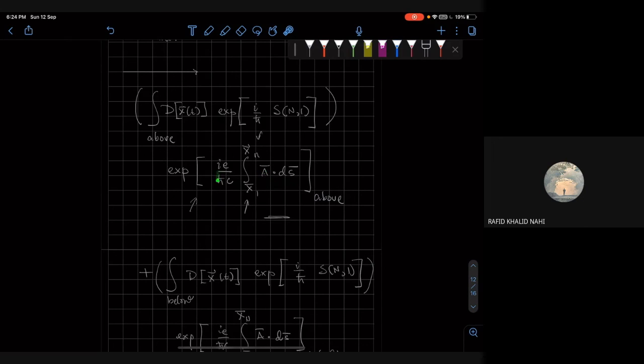But this integral is still independent of the path, though it depends on whether the path goes above or below. Okay? Okay. So, you can work this out. I can send you the exact value of A, and you can work this out.